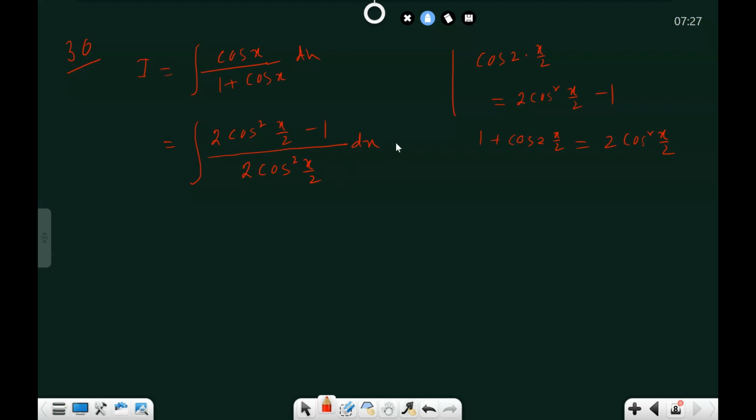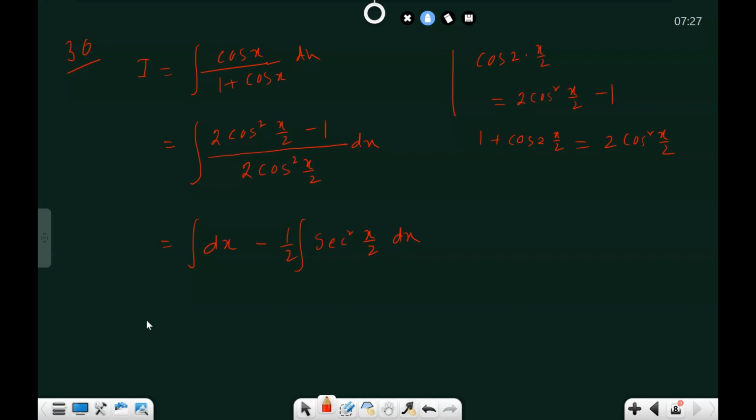Now this is equal to the integration, separating the division: 2 cos square x by 2 divided by 2 cos square x by 2 will cancel, so you have only dx there. Then minus the integration of 1 by 2, which comes out of the integration, times 1 by cos square, this is sec square x by 2 dx.